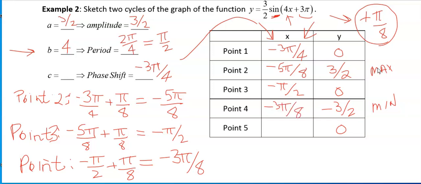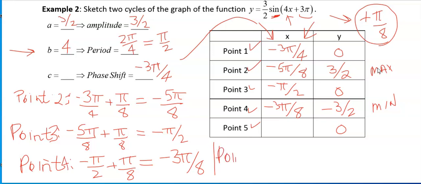Like I said, if you left them all as pi over 8, that might even be easier. You can definitely see a pattern there if you did it that way. You have negative 6 pi over 8 for your first one, negative 5 pi over 8, negative 4 pi over 8, negative 3 pi over 8. I'll bet you the next one's going to be negative 2 pi over 8, which should be negative pi over 4, if I'm not mistaken. So that was point number 4.